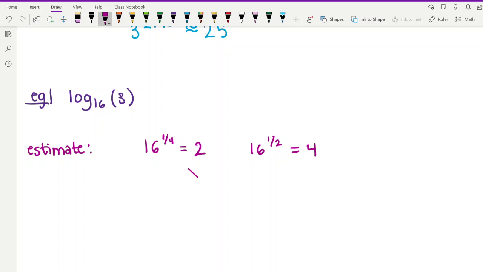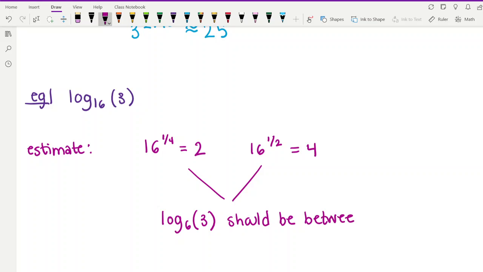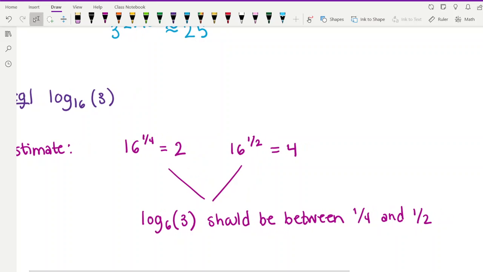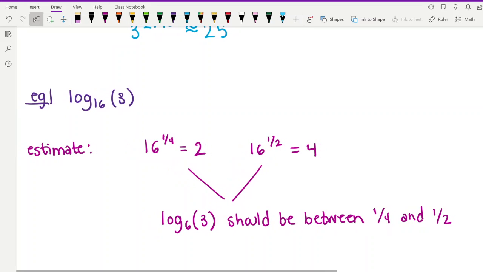Well, we know that 1/4 is going to be too small of a power, and we know 1/2 is going to be too big, so log base 16 of 3 should be between 1/4 and 1/2, right? And it's hard to say which one it's going to be closer to, because 3 is exactly halfway in between, so it's probably going to be pretty close to halfway in between.